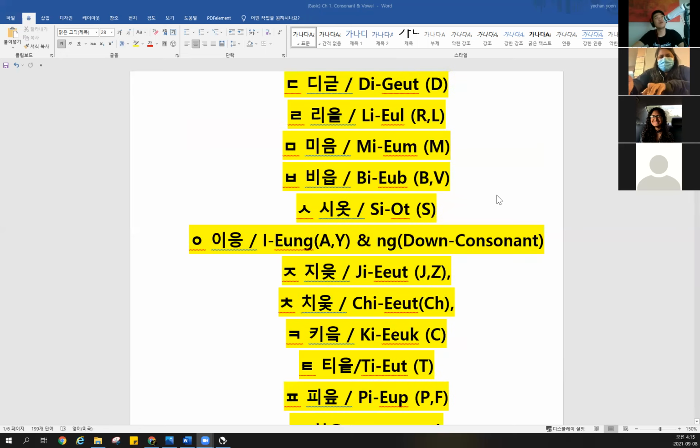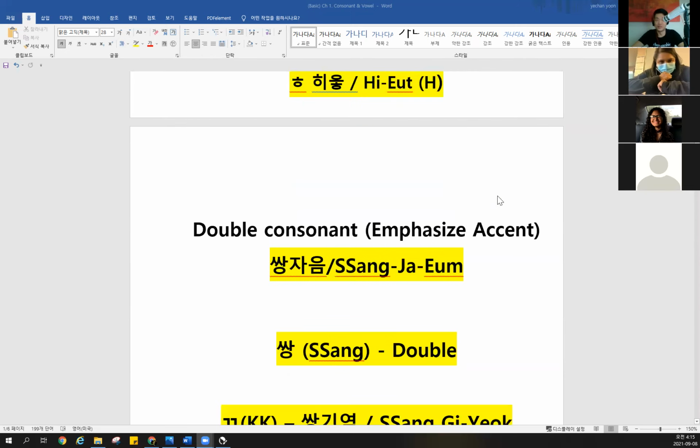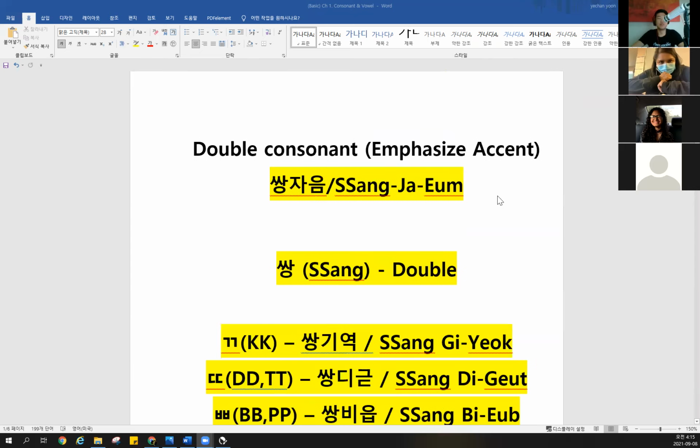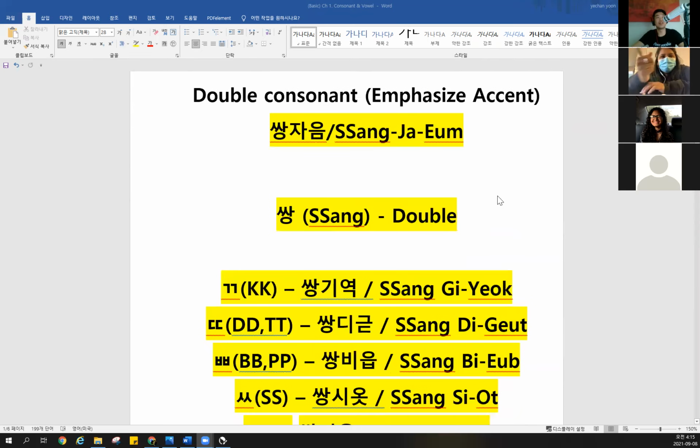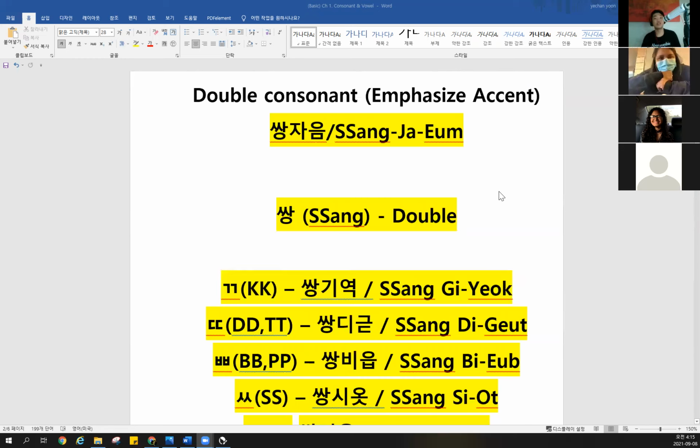So this is all the single consonants, but we also have double consonants, everybody. But don't worry, guys. The double consonant is the emphasized accent, and we don't have that many double consonants. So you can just memorize them. A consonant is called 자음, right?